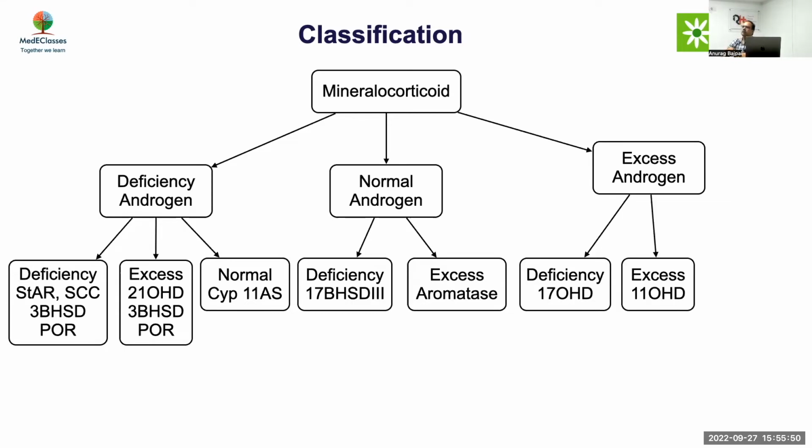If your androgen is normal, so isolated aldosterone excess, which one? You have features of mineralocorticoid excess, AME, apparent mineralocorticoid excess. So again, if you remember these 3 slides, you don't need to know anything else about CAH. These 3 will give you the clue.